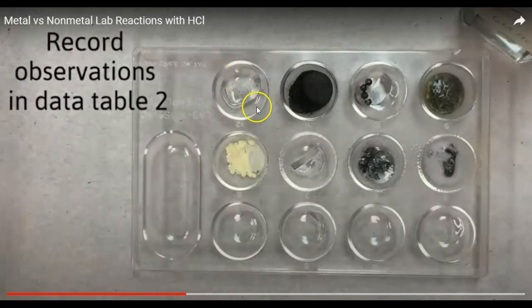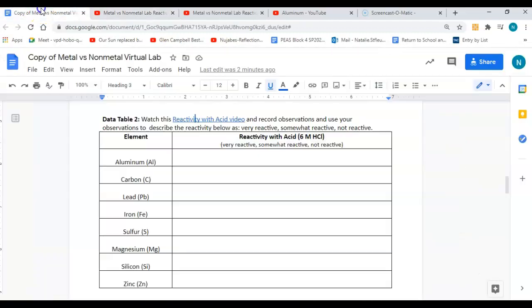I'm going to model again for you aluminum. I noticed with this one that when the person added the HCl, there were no bubbles and it did not dissolve.